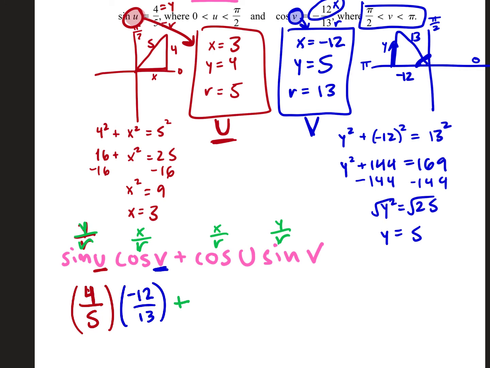Plus cosine of u tells me I need to look at the red box. And cosine is x over r, so x would be 3 over 5. And then sine of v tells me I need to look at the blue box. Y over r, so this would be 5 over 13.